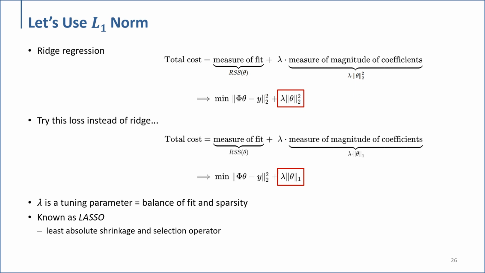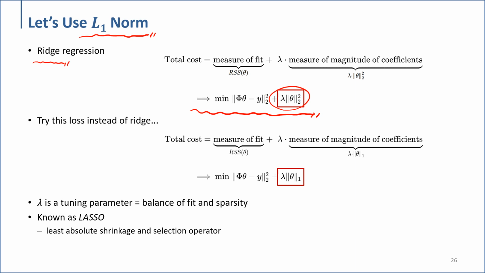In our previous example, we used the L2 norm as the regularization term. So our objective is minimizing both the error and the magnitude of the coefficients, and for that we implemented the L2 norm for the penalizing term. This problem is called ridge regression.